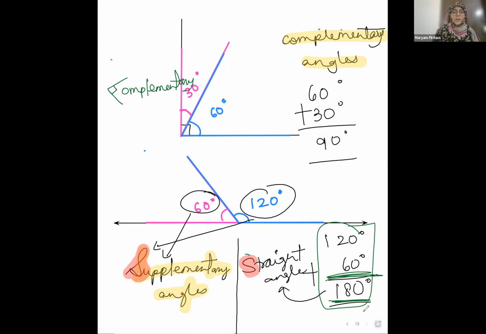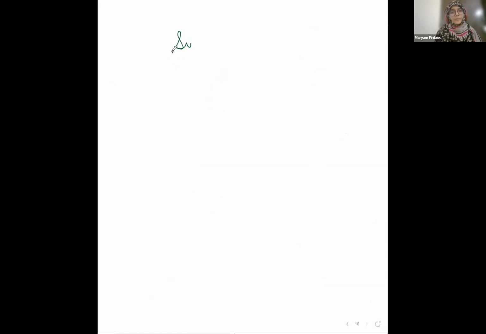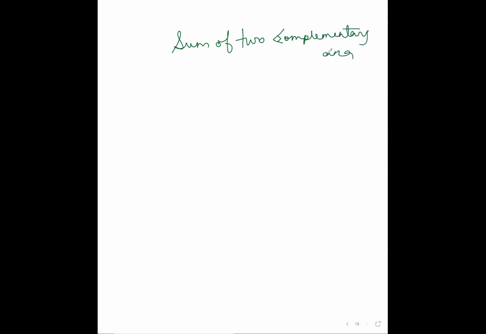So what is the sum of two complementary angles? 120 and 60.